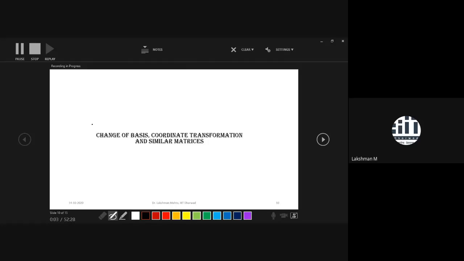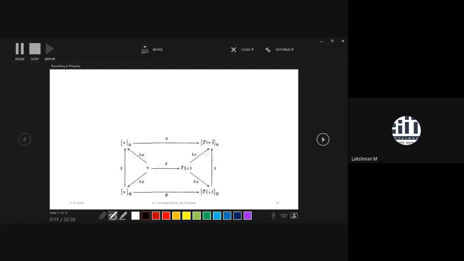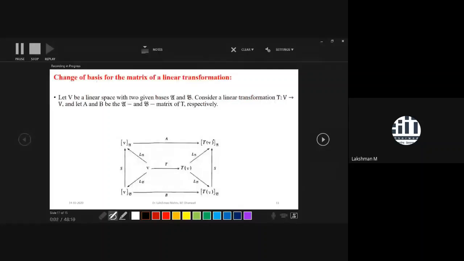So I will talk about one more application of that change of basis matrix in the process of finding matrices of a linear transformation. Here we consider a vector space V, which has two bases, A and B. We also consider a linear transformation T from V to itself.